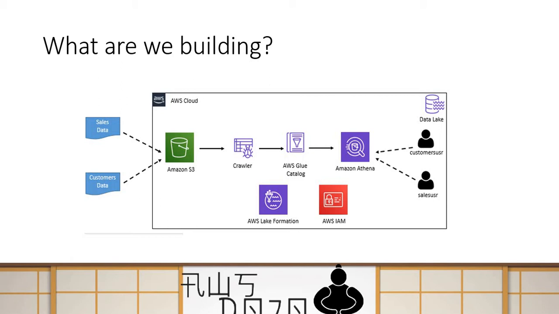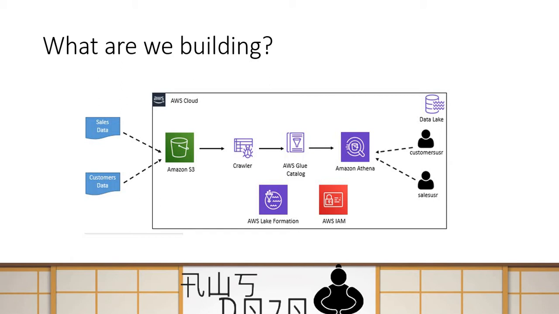Today we are not focusing on the ingestion part, because when you talk about ingestion, there are many things we have to cover, like data coming from IoT devices, from streaming media, from relational databases, and data coming as file objects.